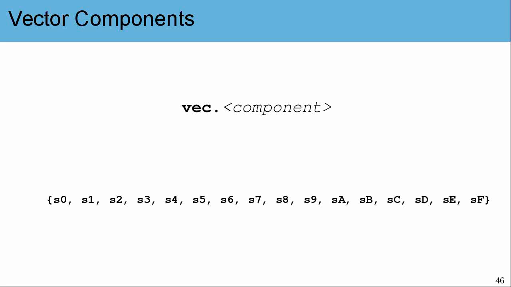So vec.s0 is the first component, vec.s8 is the 9th component, and the last component is vec.sf. We'll talk about efficiency later on, but I just want to briefly touch on the fact that you may not be doing the best thing in the world by unpacking the components of vectors in terms of what the compiler can do. But this is going to come up in another talk, but you can unpack these vectors.